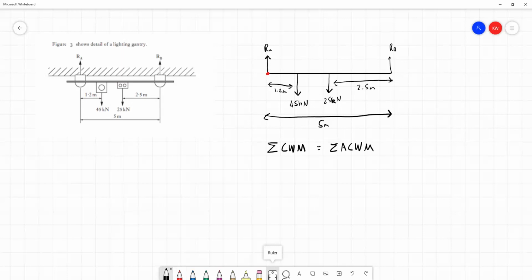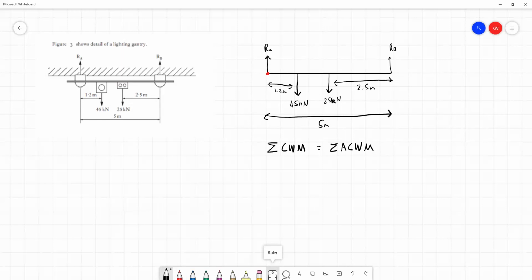So looking at point A here, which forces would turn the beam clockwise and which would turn it anti-clockwise? Well, if we are positioned at this red dot here and we're looking out to the right, that's where the gantry is extending to. Anything pulling the gantry down is a clockwise moment.